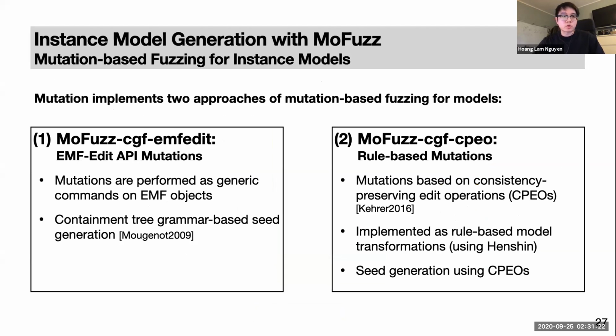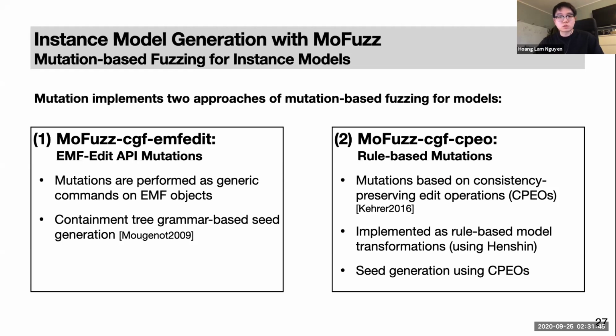So as I said before, we implement mutations based on two different sets of mutations for models. Our first set is our generic mutations based on the EMF Edit API, where we use as seed generation method a simple tree grammar-based seed generation method.